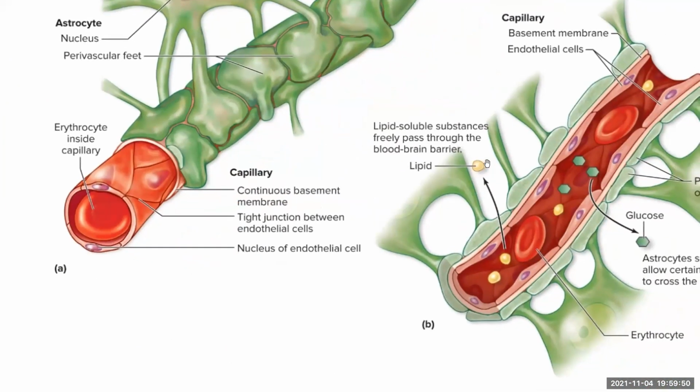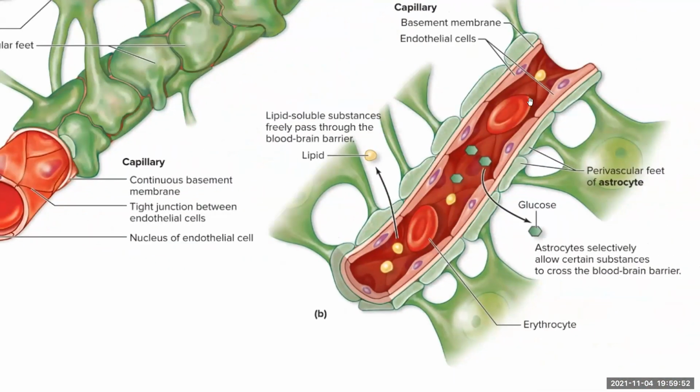As we take a cut through and look on the inside here, you can see how thick the protection layer is between your blood and the interstitial fluid. Now, certain things can pass through easily. Anything that's lipid soluble will diffuse right through the phospholipid membrane and pass right through.